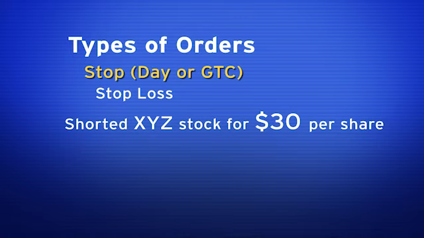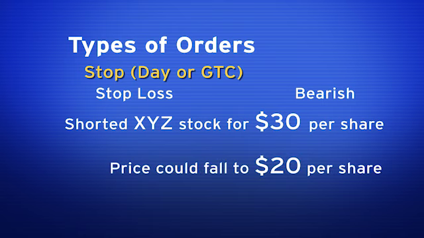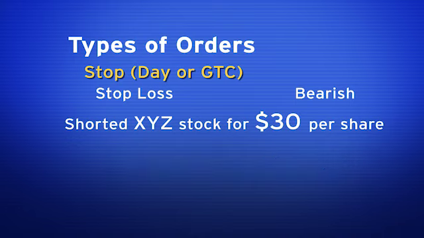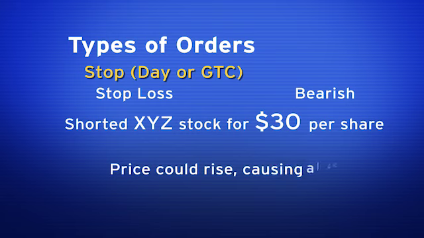I shorted that stock for $30 a share. Now, I am bearish. I think the price of that stock is going to go to $20 or $15 or $10 a share. But I could be wrong, and the price of that stock could go up. And if the price goes up, then I'm going to be losing money.